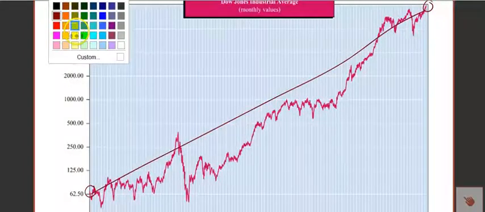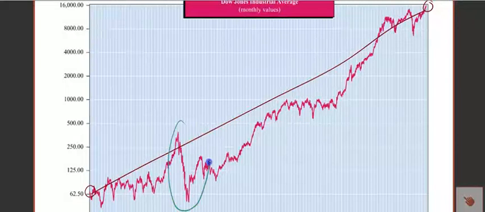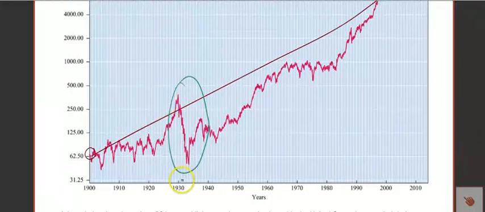Even if I didn't have the dates on the bottom, you probably see this really big jump in the graph, and that is right around 1930, maybe 28, 29, 30, up in there. That stock market crash, terrible financial disaster.